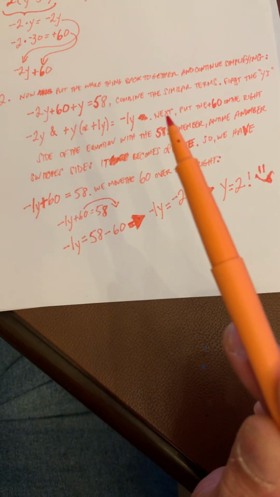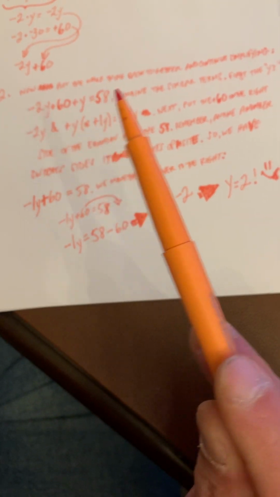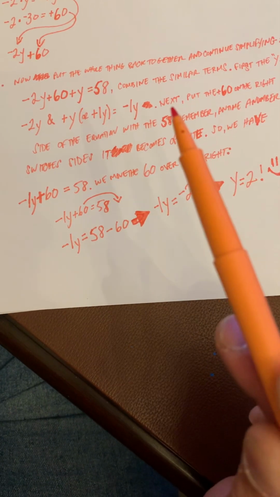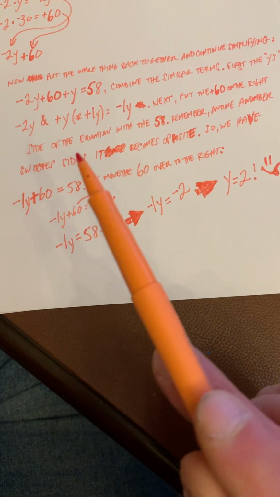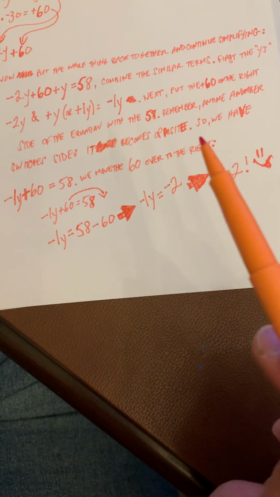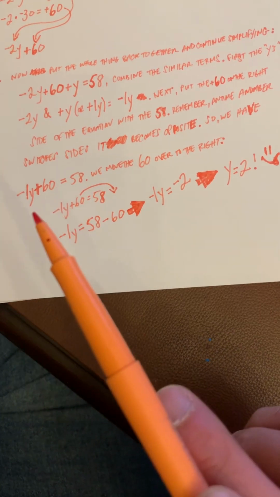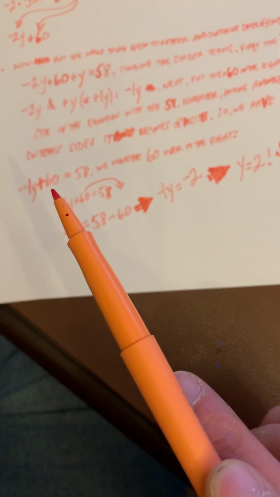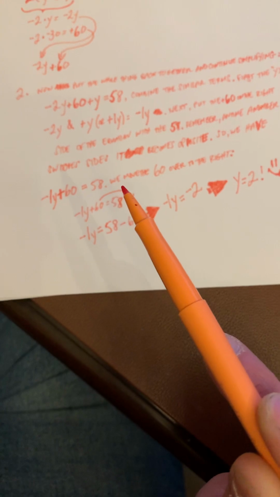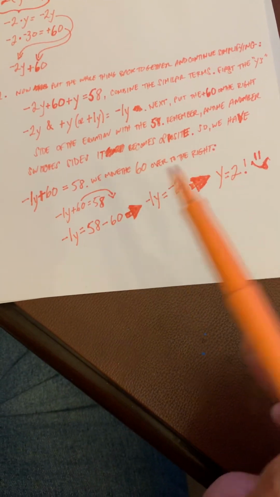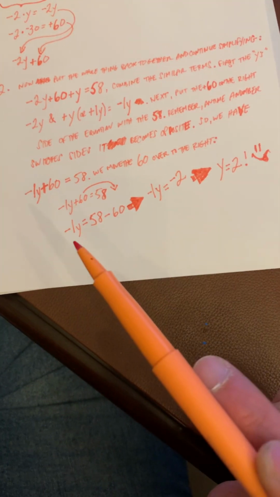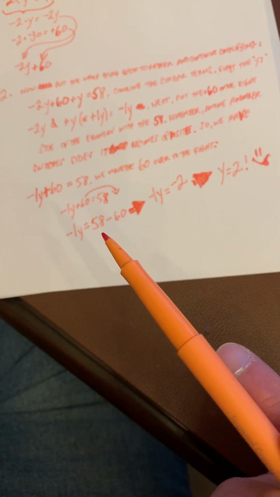So we're going to move the 60 over to the right of the 58. Next, put the 60 on the right side of the equation with the 58. Remember, anytime a number switches sides, it becomes opposite. So we have now negative 1y plus 60 equals 58. So we move 60 over to the right, and negative 1y equals 58 minus 60.